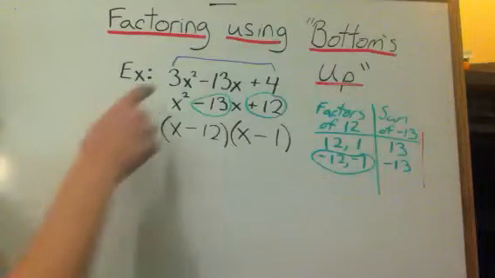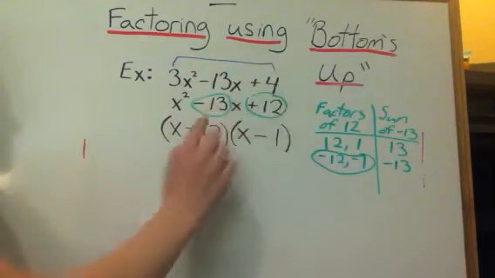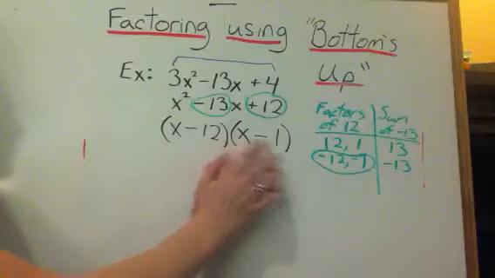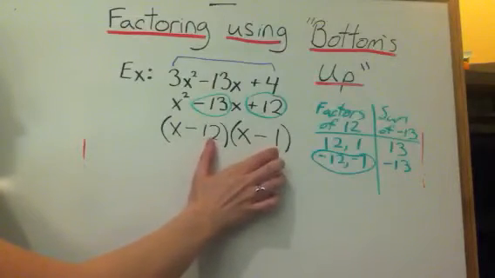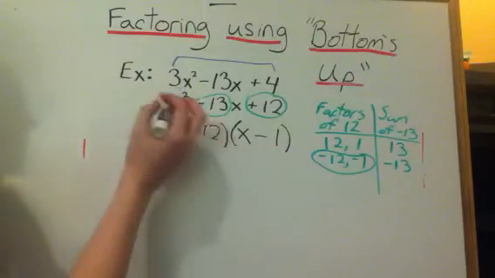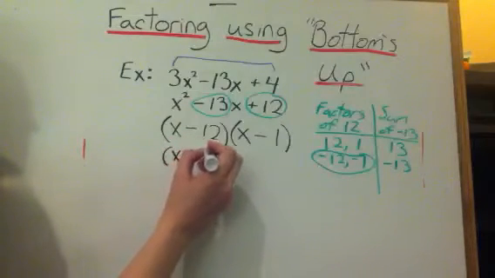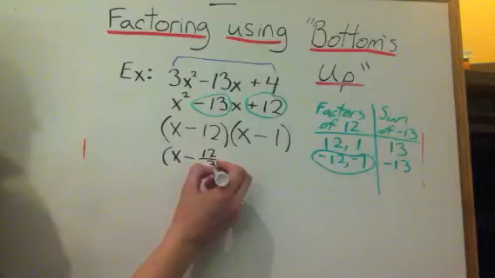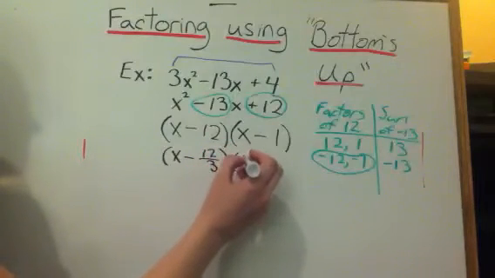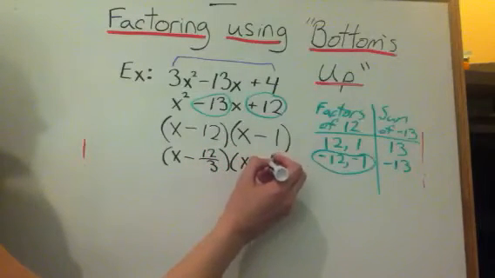So remember in the beginning we multiplied by 3. So now we're going to divide by 3 in the end. Okay, so take these two numbers you found, divide them both by that first number, 3. So we have x minus 12 divided by 3 times x minus 1 divided by 3.